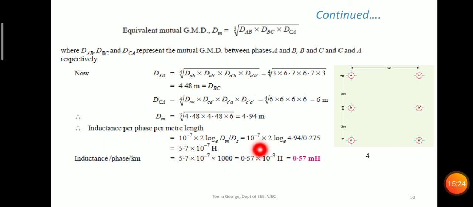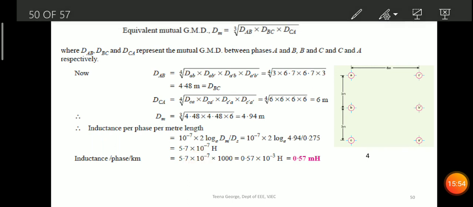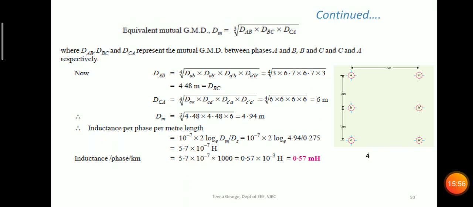In a double circuit line, the inductance per meter per phase is 10 raised to minus 7 into 2 log DM by Ds, equal to 10 raised to minus 7 into 2 log 4.94 by 0.275. We get 5.7 into 10 raised to minus 7 Henry per meter. For the inductance per phase per kilometer, multiply by 1000, and we get 0.57 millihenry per phase per kilometer.